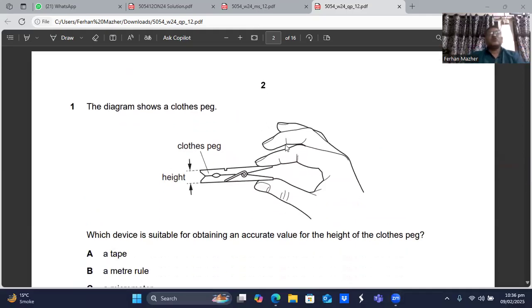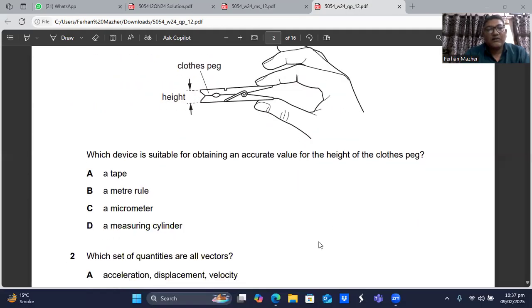The diagram shows a cloths peg, and here you can see we have a certain height. Which device is suitable for obtaining an accurate value for the height of the cloths peg? A tape, a meter rule, a micrometer, a measuring cylinder.